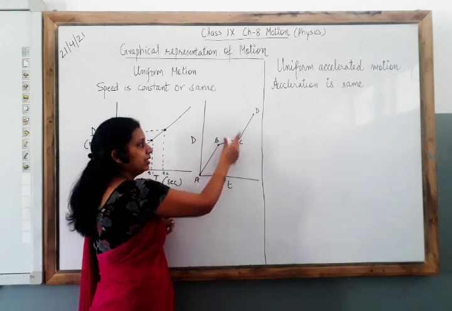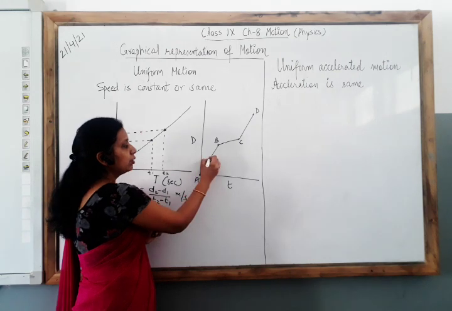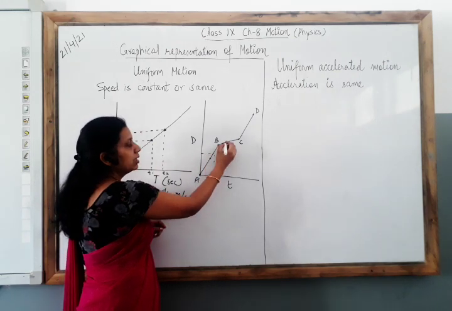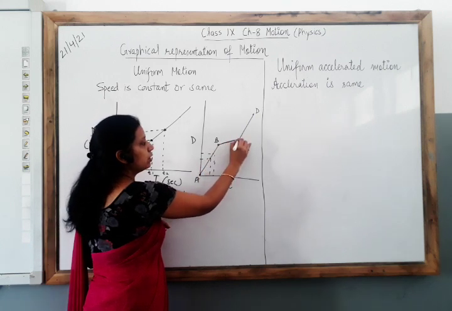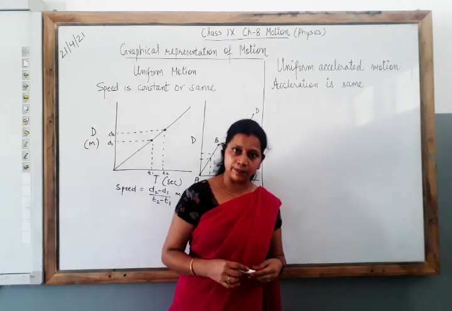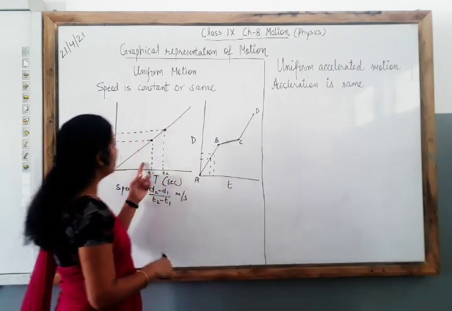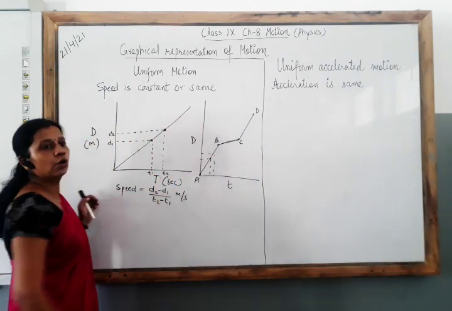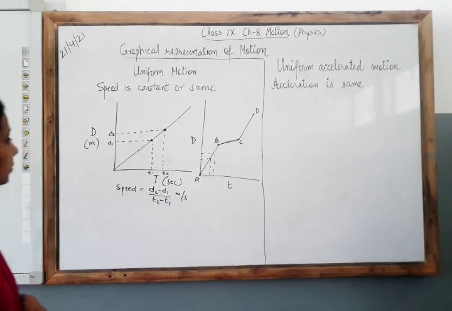To find speed, you can take any two points, draw perpendiculars, and then find it out, like here. Similarly for the region B to C, and for C to D, you can do the same. So here speed is not constant for all regions, whereas in the earlier graph speed is constant for all regions, and you can find it out using this method.